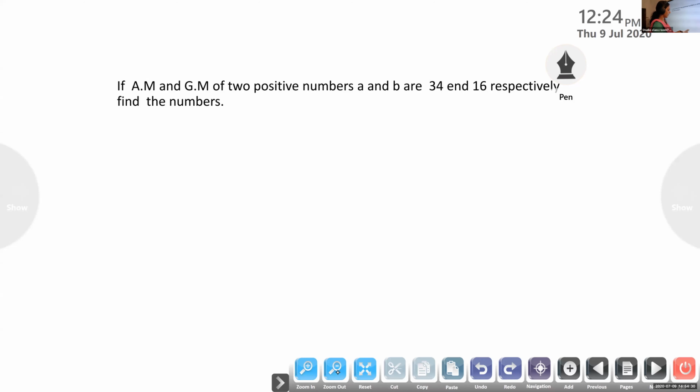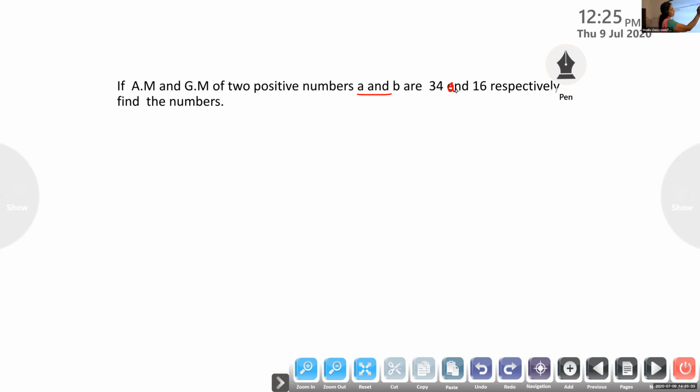So we have to find the numbers a and b whose arithmetic mean is given as 34 and geometric mean is given as 16.